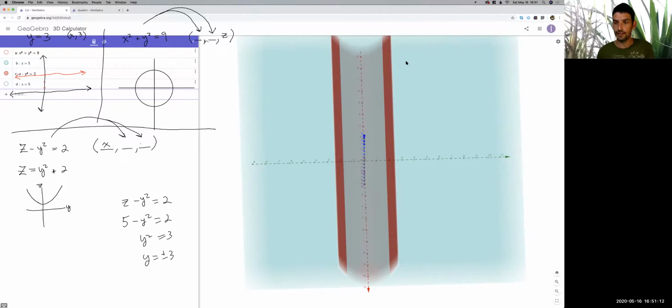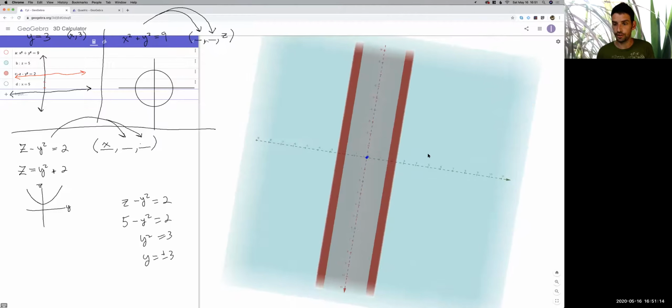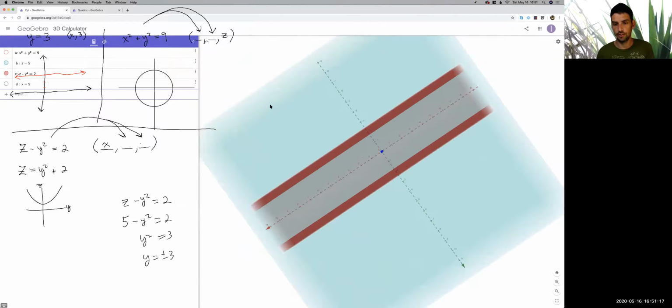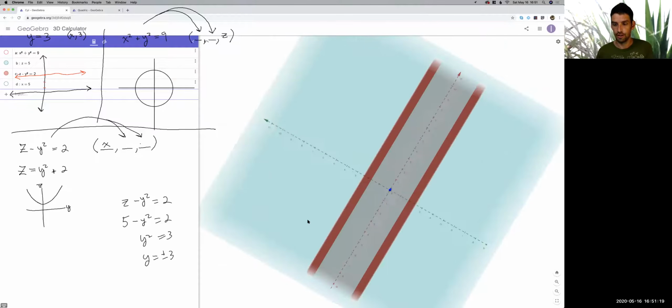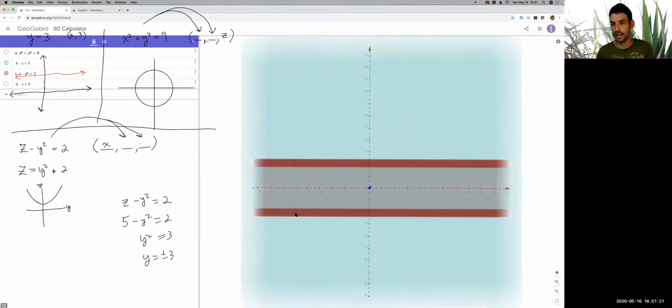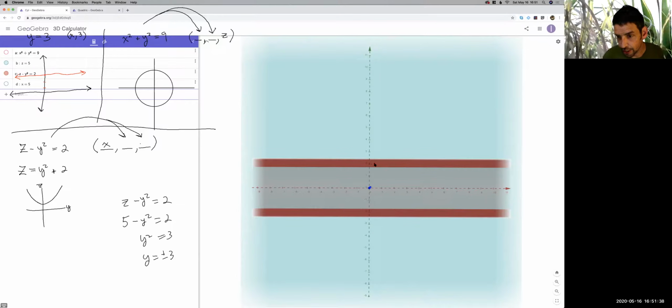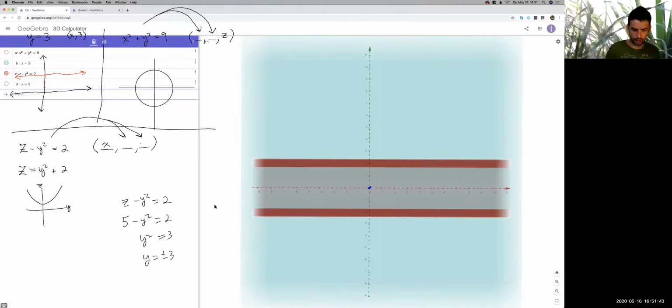We get, in the xy direction, so let me turn this. There we go. Now we're looking at it where the red axis is the x-axis, positive to the right, and y is pointing up. Notice the intersection, there's a line. Sorry, this is supposed to be the square root of 3, obviously.